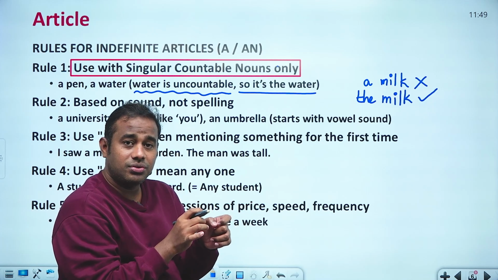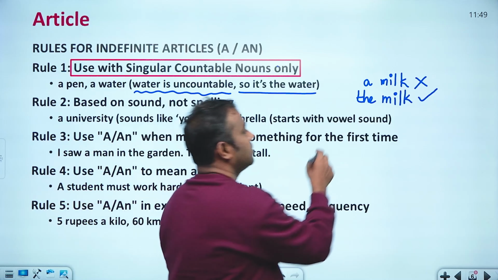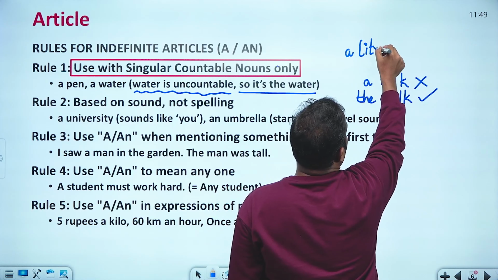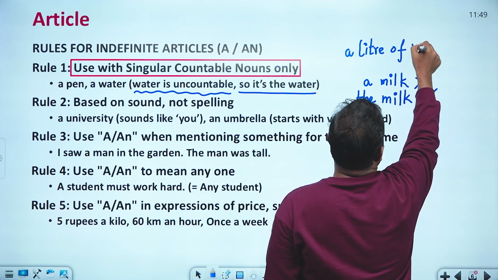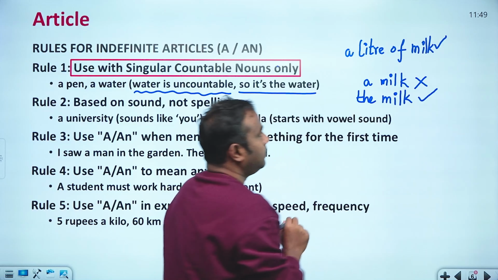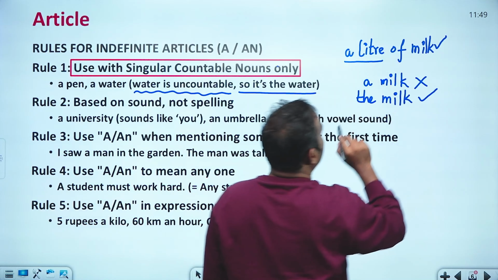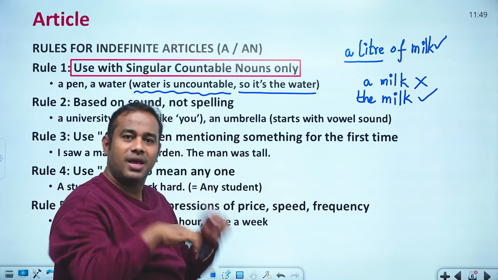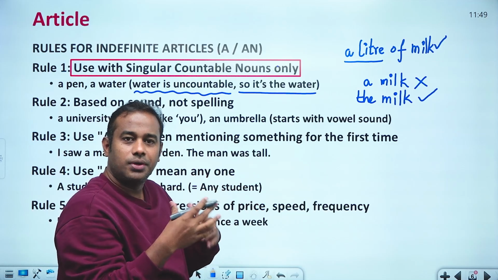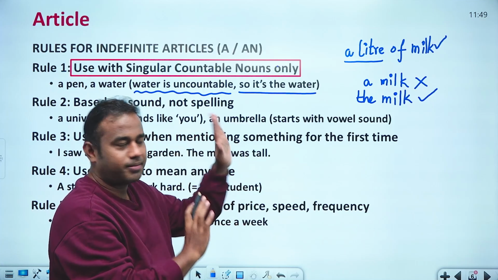But if you want to use a in front of milk, then you should say "I want a liter of milk." That is the right way. Here a is basically the quantifier. Some people want to do something against the rules, so for them there is also a provision here.